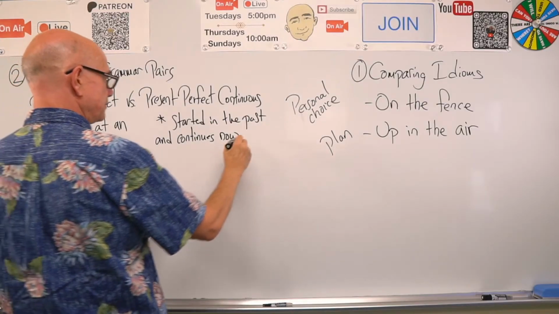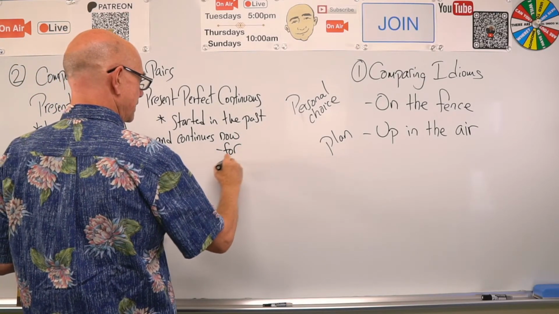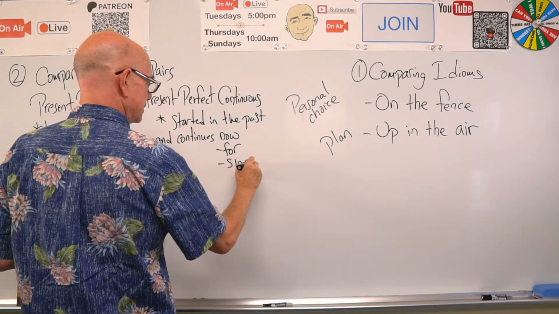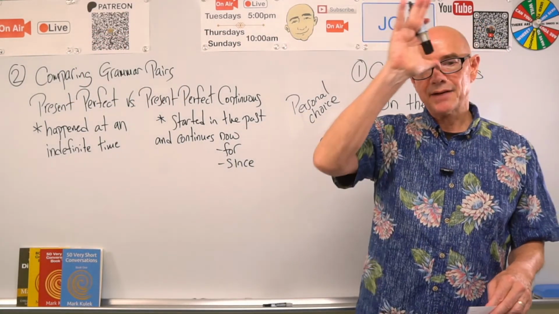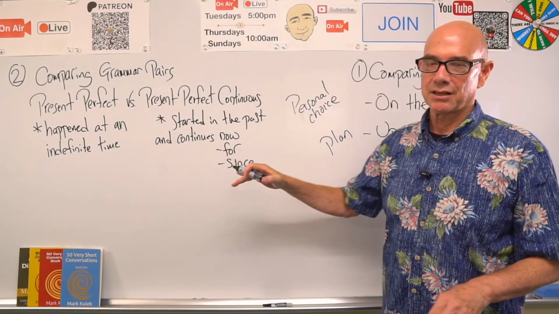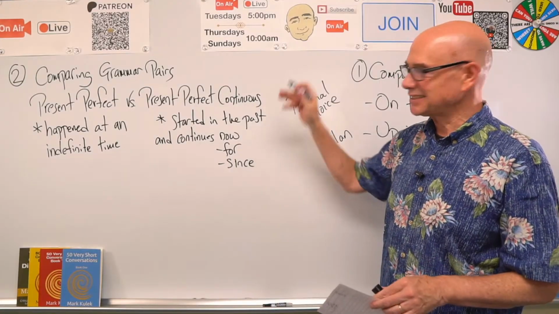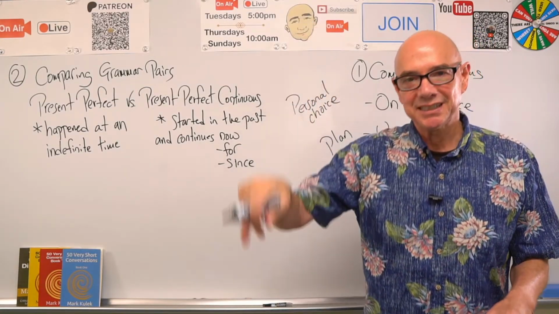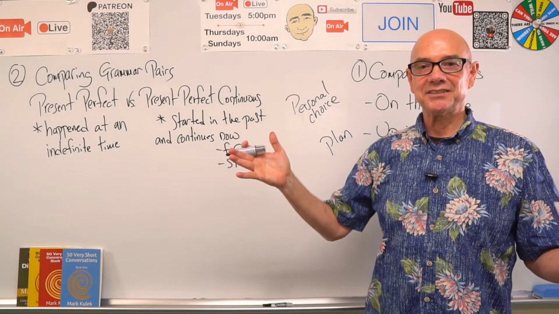And a lot of times we use for and since. Okay, so for example, I have lived in Japan since 1996. Okay, so it started in the past and so I moved here to Japan in 1996 and I still live here.